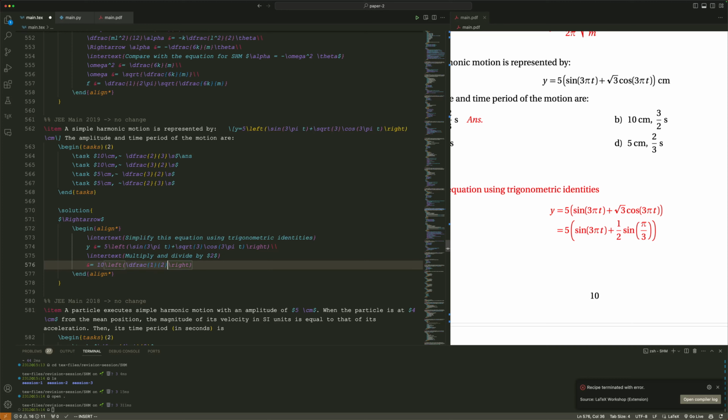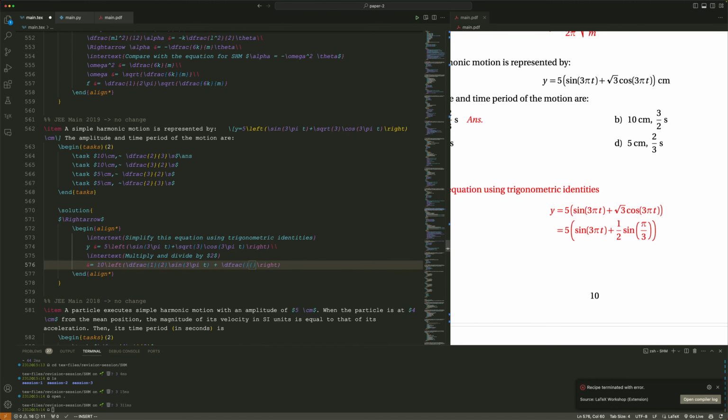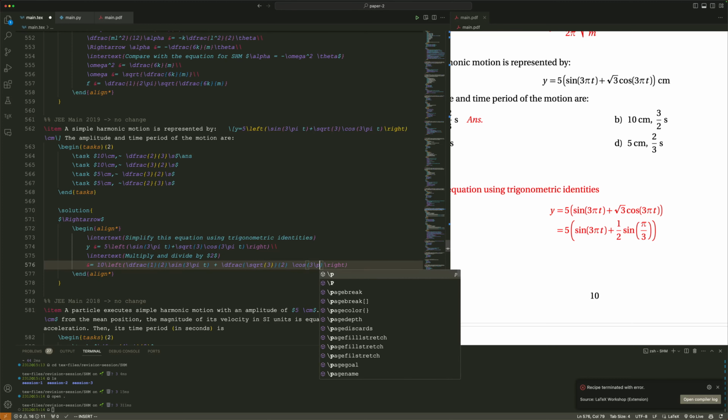Frac is added, but frac is much smaller, so I don't think that is suitable for our situation. Let's put 3 pi t, 3 pi t, and then, because we divided, a frac square root of 3 by 2, because initially it was only square root of 3, and then we can put cos of 3 pi t.